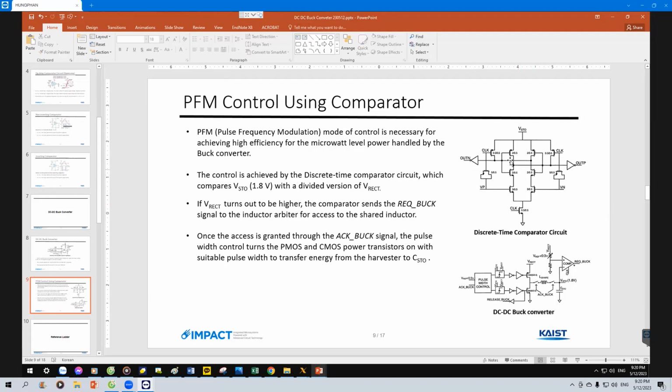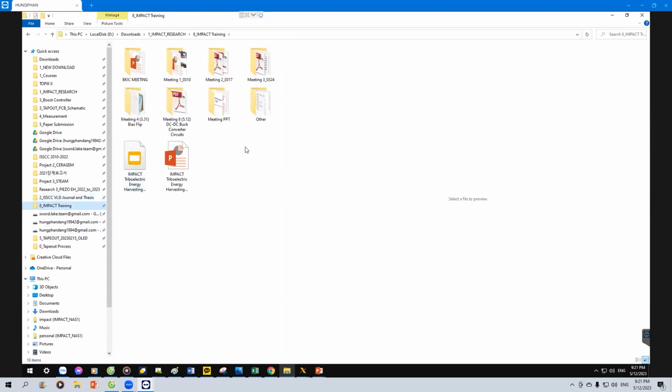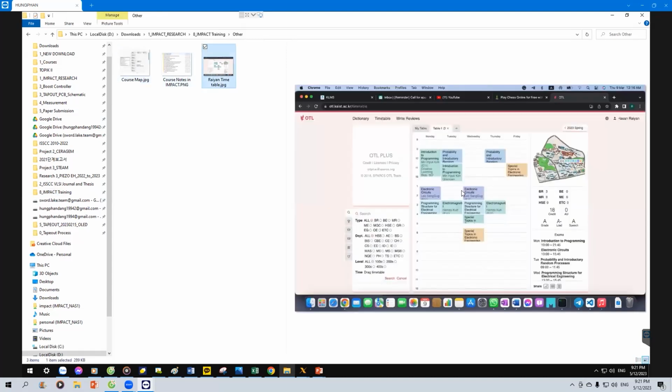Did you try to understand this FET circuit? No, I did not understand it. I think now it's too early for you to try it because you haven't studied OPAM yet. Yes, I will study it. In this course, will you study it? We're going to study OPAM at the end of the course.